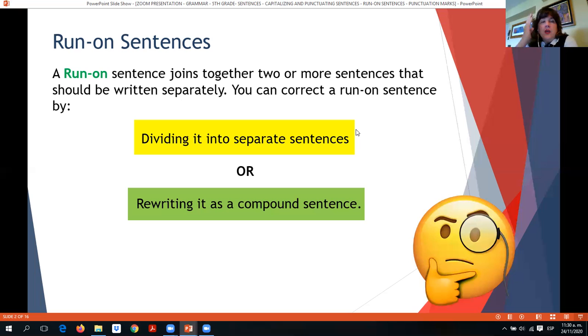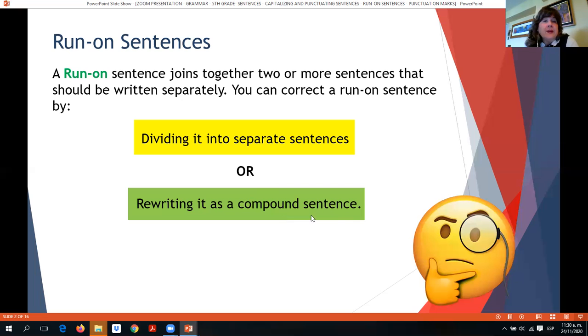Okay, if you're cutting this run-on sentence in half with two simple sentences, remember for the second sentence you need to capitalize the first letter and end each sentence with a period or the proper punctuation symbol, okay?